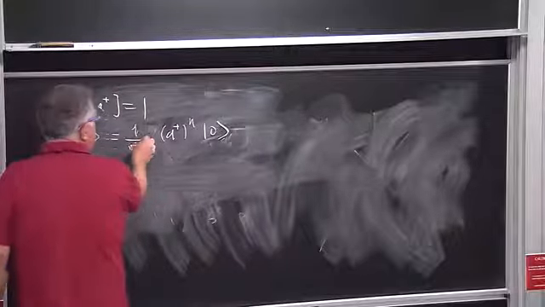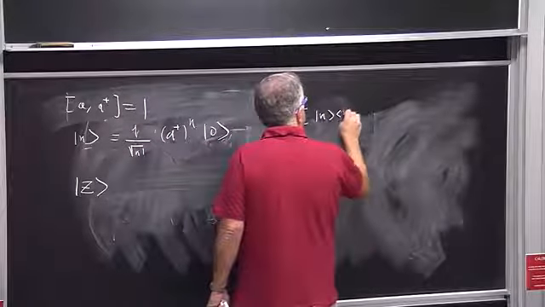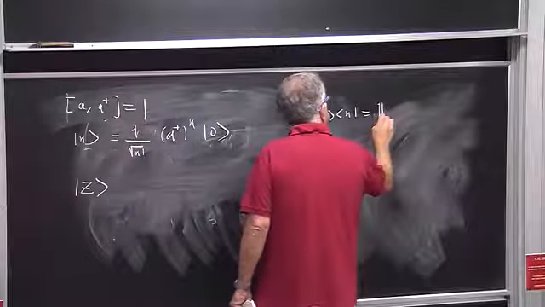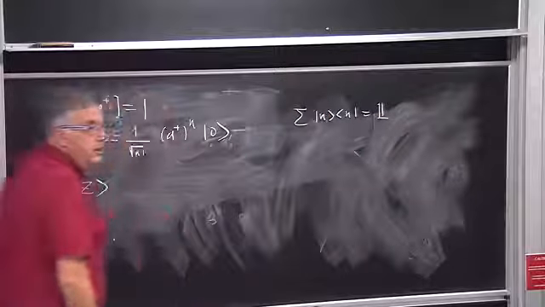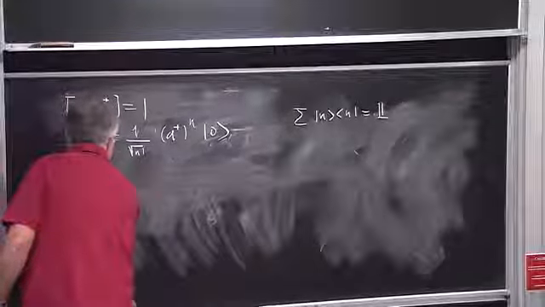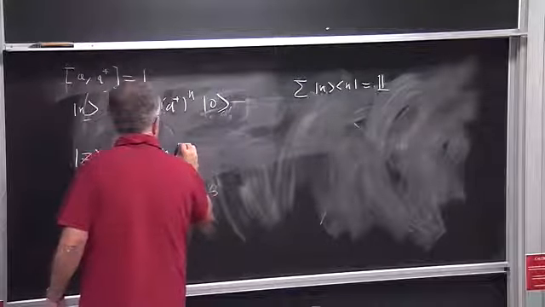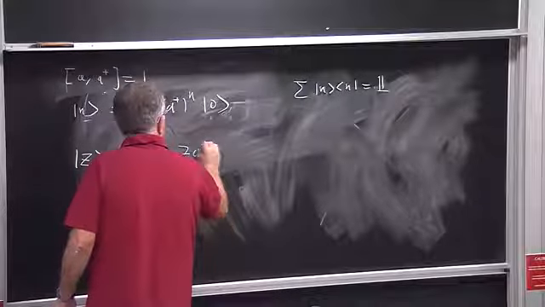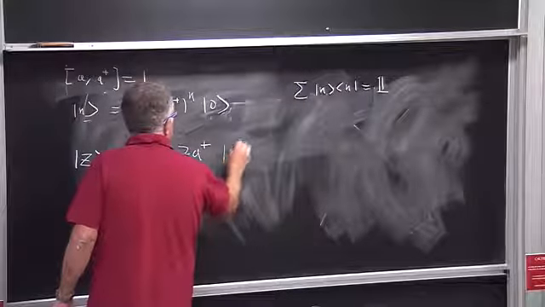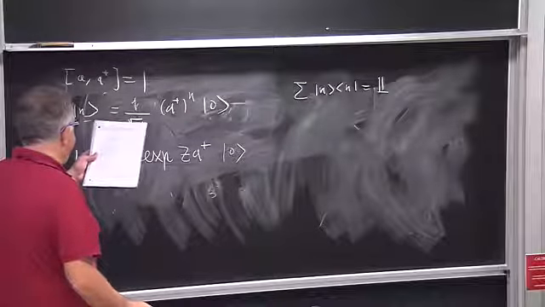The n basis is a complete basis, which means that the sum of |n><n| equals the identity. The coherent states are defined as the exponential of z A dagger applied to the vacuum, where z is a complex number.